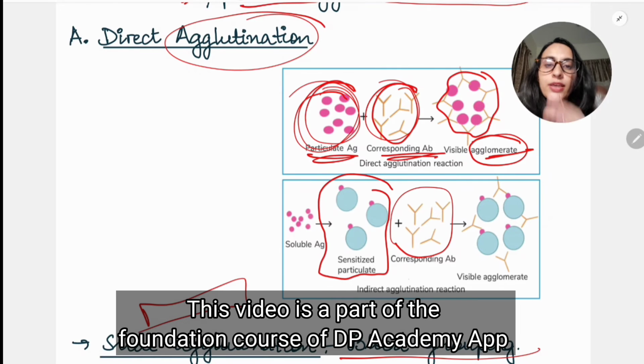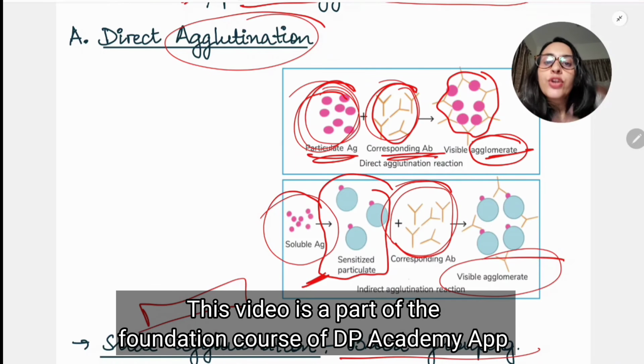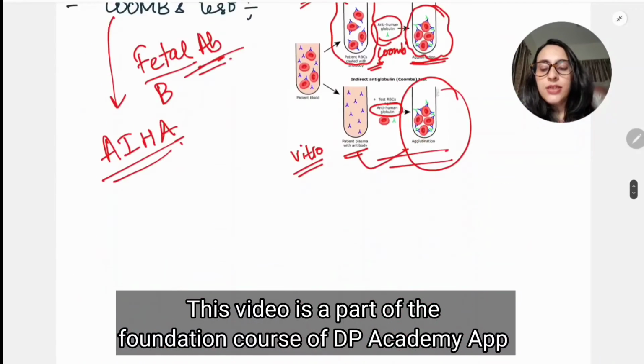Indirect agglutination is where you take some particle, and because the antigen here is soluble, you are going to attach it to a particle.